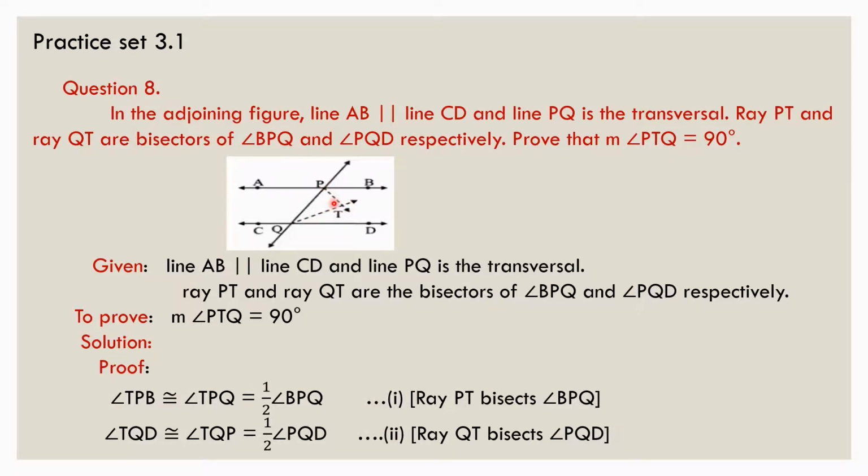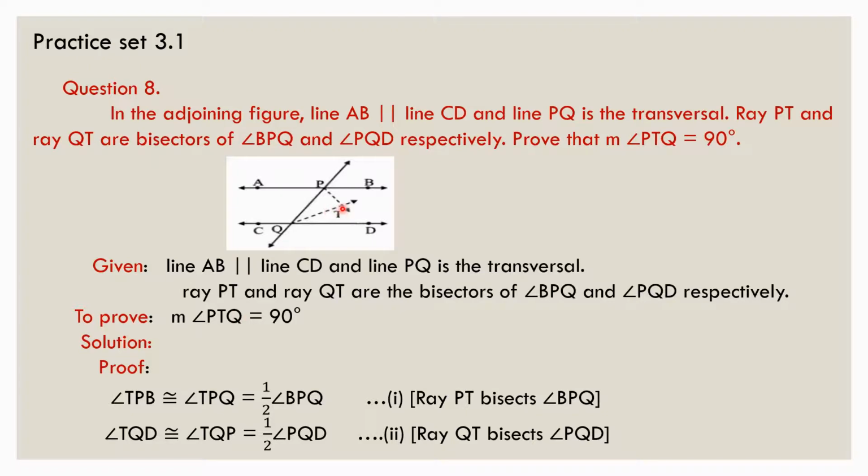First you have to write the given. Line AB is parallel to line CD and line PQ is the transversal. Ray PT and ray QT are bisectors of angle BPQ and angle PQD respectively. To prove that the measure of angle PTQ is equal to 90 degrees.